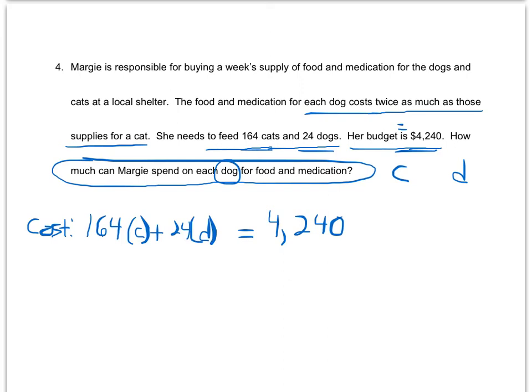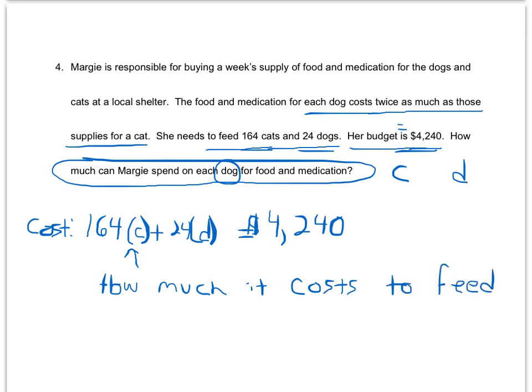Now, before going, I want to make sure that we really understand what these variables stand for. Okay. This C right here stands for, we know that we're feeding 164 cats, but what we don't know, okay, this equation has to deal with money, right? What we don't know is this C represents how much it costs to feed each cat.